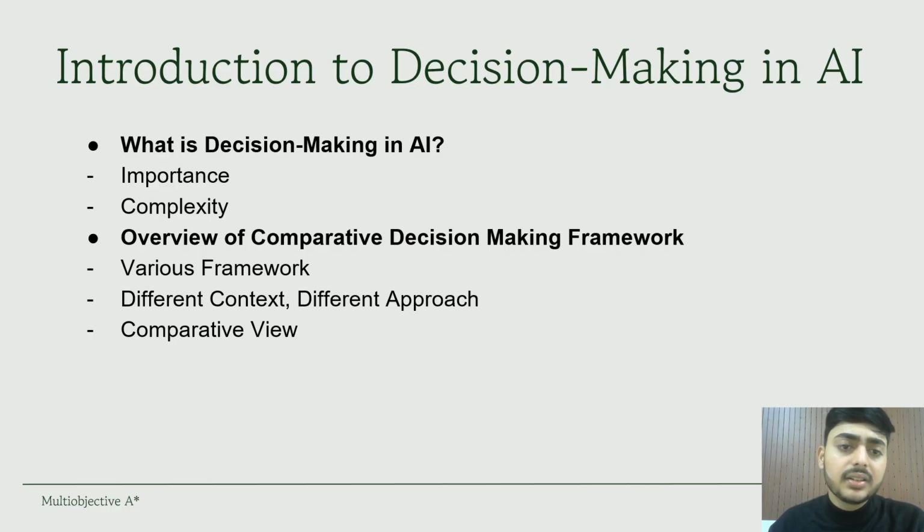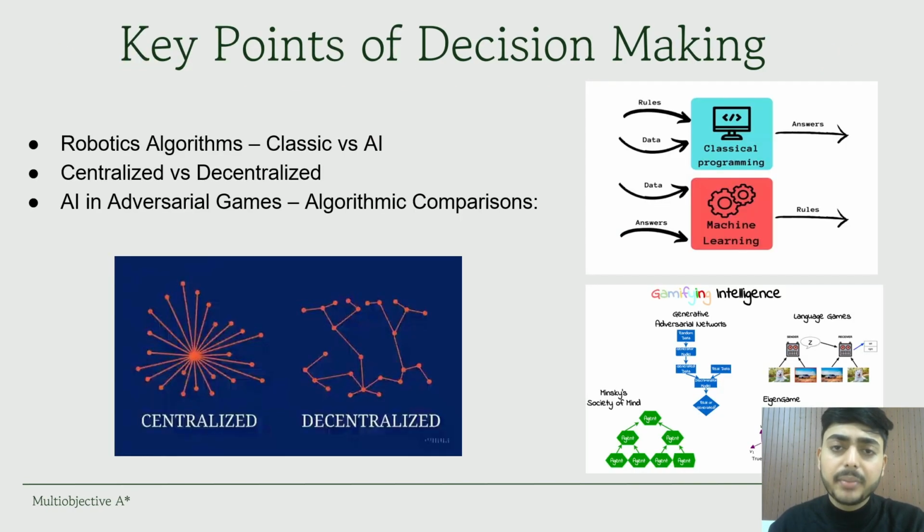These can be applied across domains like healthcare, finance, and autonomous driving. Comparing these frameworks helps in selecting the most effective approach based on accuracy, efficiency, and adaptability. So this is the overall comparative view.